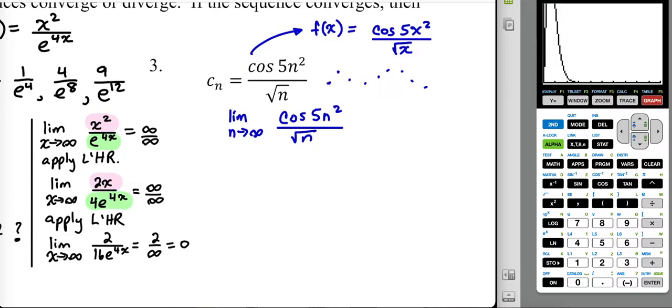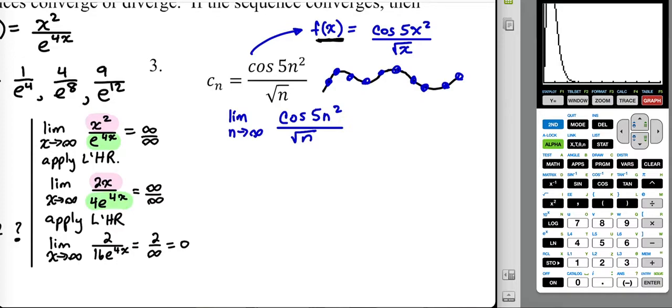But the function of x will give us a continuous curve. It'll go through all those points. It's going to give us more than what we bargained for, but in addition, it's going to give us the points that we do want. And wherever this f of x goes, the sequence will follow.